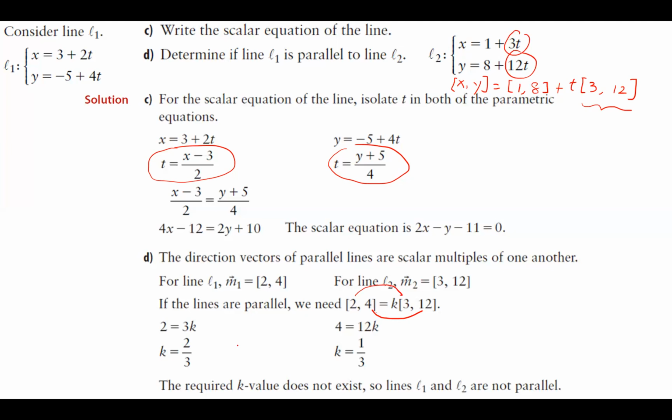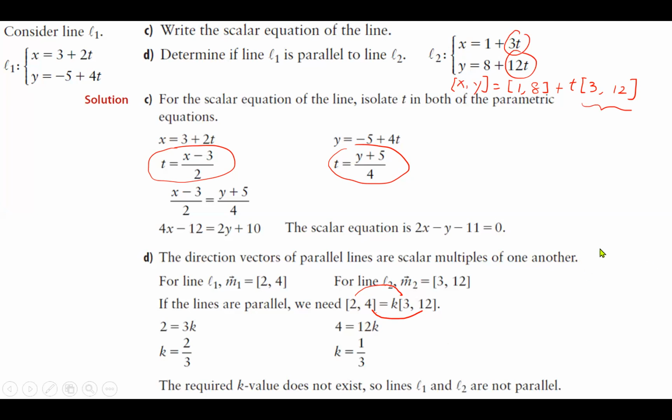So as you can see here, there does not exist a single value of k such that the x coordinate equals the y coordinate. Therefore, the required k value does not exist. There is simply no solution to this system. So we know line L1 and line L2 are not parallel.